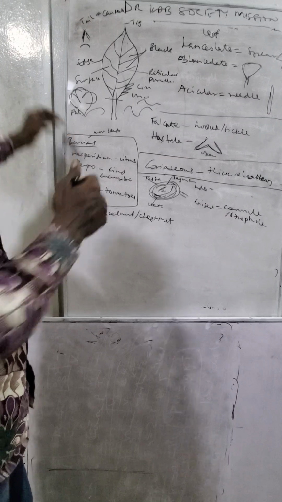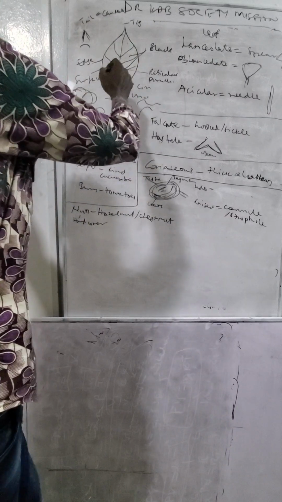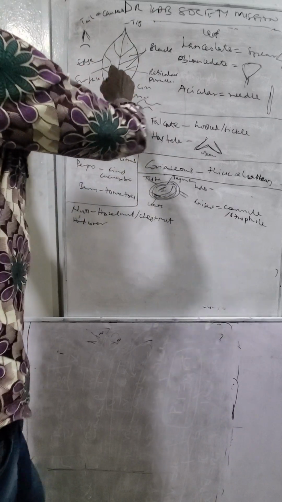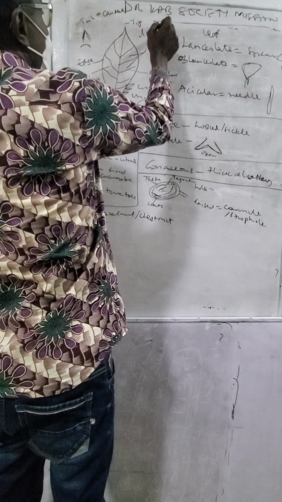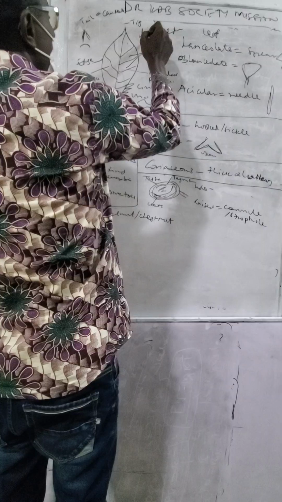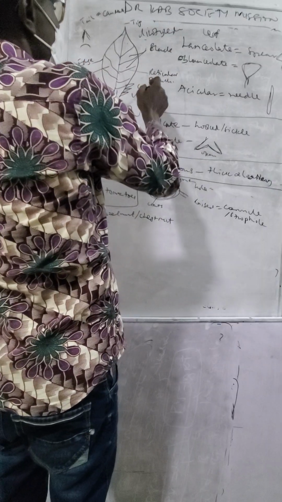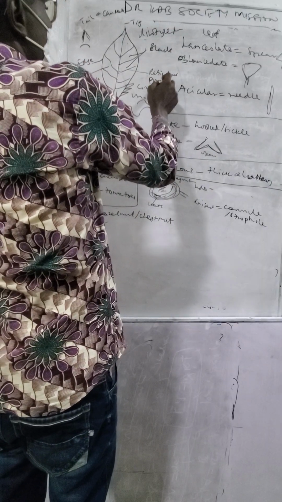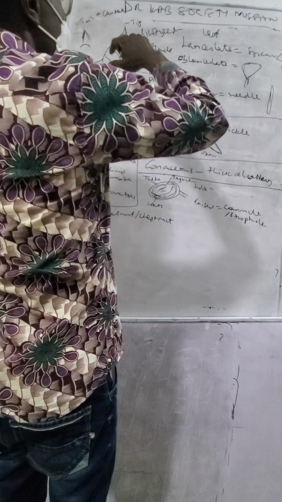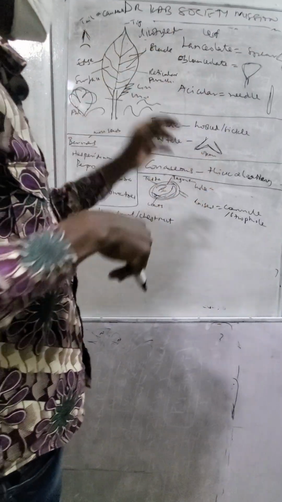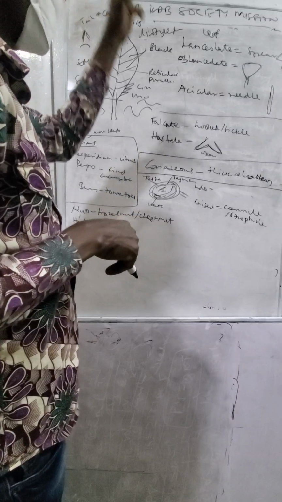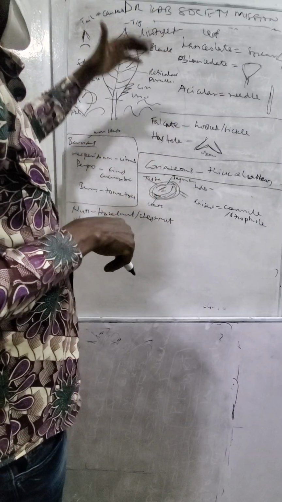Right. So how the veins are arranged, that is venation. In the dicotyledonous plants, they tend to have multiple. The leaves are reticular. The stem has multiple vascular bundles, that means multiple passages.